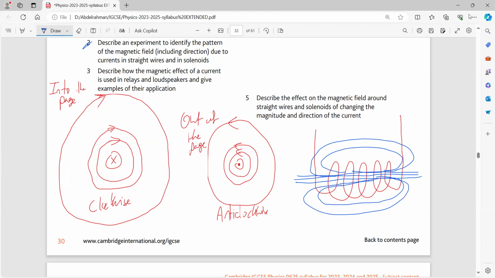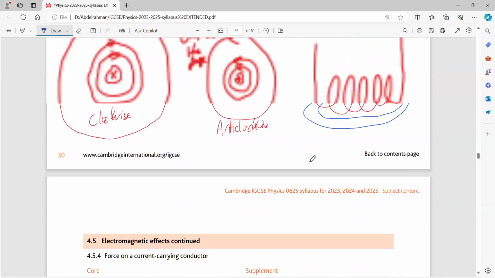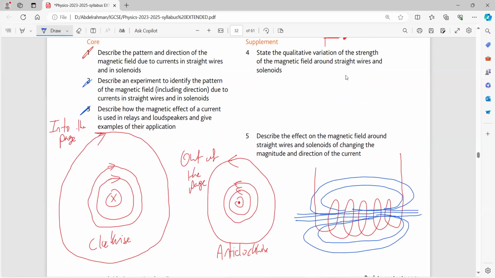Describe how the magnetic effect of a current is used in relays. What is a relay? Very simply put, let me draw the relay here now. For example, I could have a small circuit on the left-hand side with a battery and a thermistor and a magnetic coil.